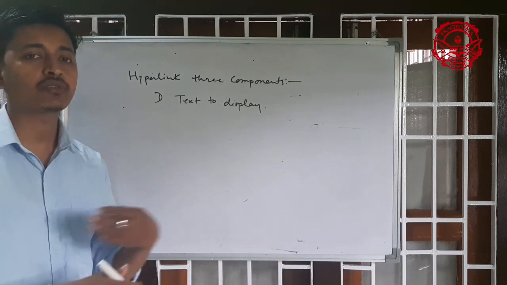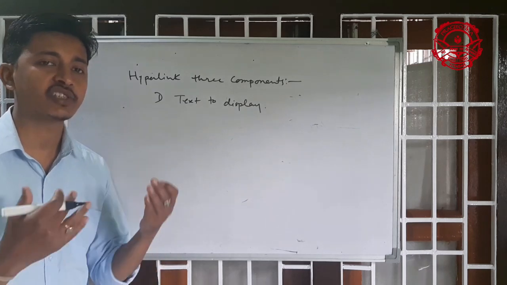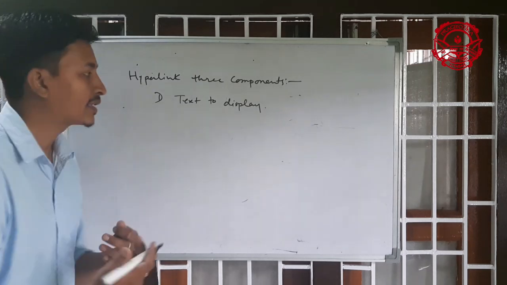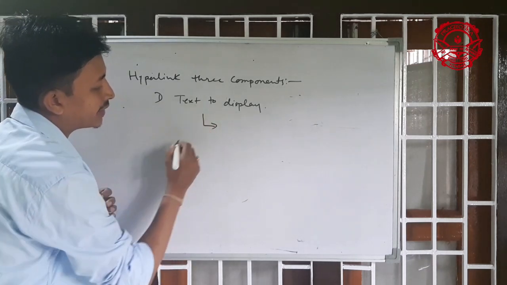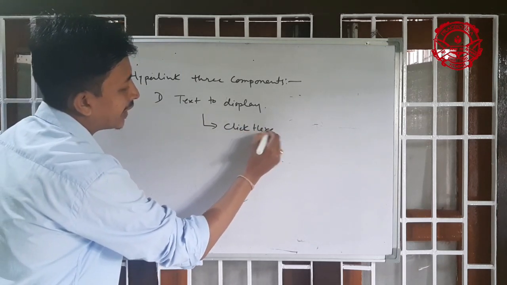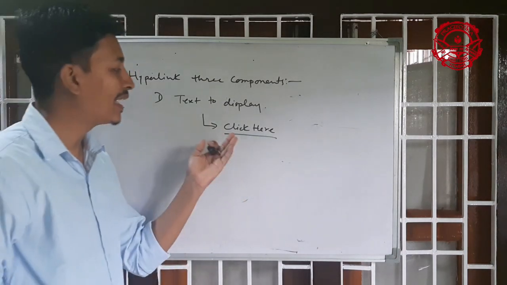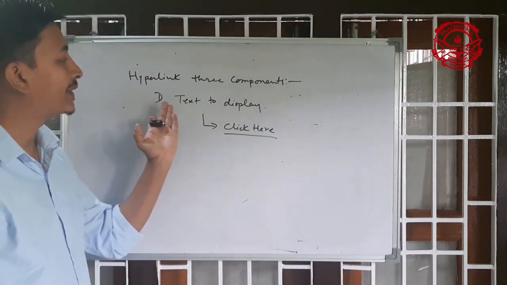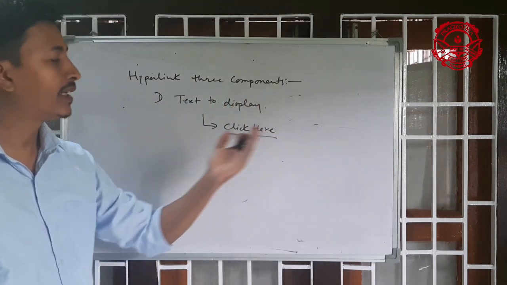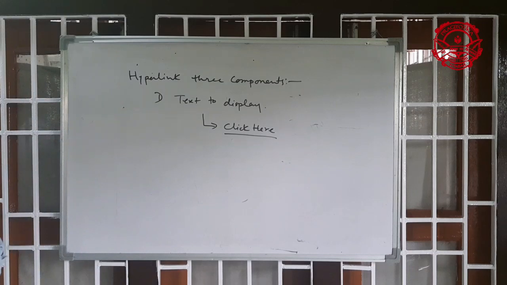For example, I will display a link called click here. Click here is a text to display, but it is a hyperlink. Text to display means the text you see in the cell.